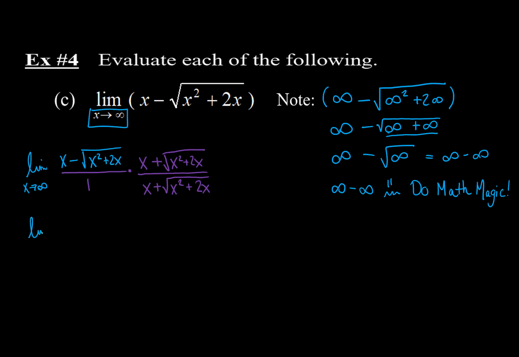When I multiply, the denominator is super easy. I'm just multiplying that by 1. So the denominator is just going to be this pesky little guy. The numerator, on the other hand, is actually a difference of squares.